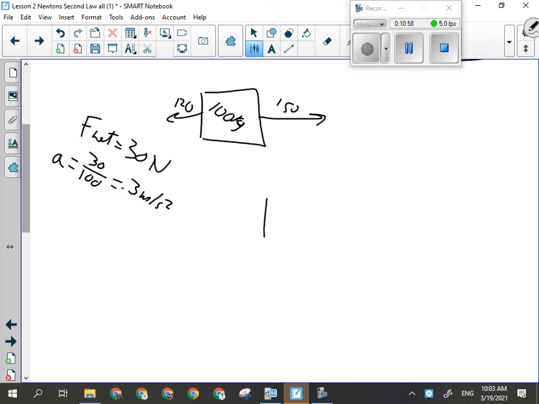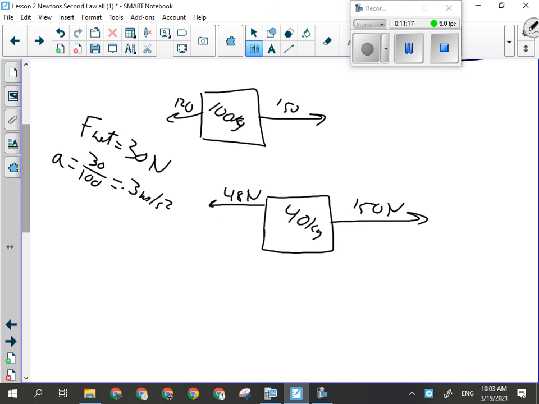Let's have a look at how we calculate the tension in cable B. We can use either box at this point. I'm going to use the 40 kilogram box just because I have more information about it. I've got 150 newtons acting forwards on the 40 kilogram box, 48 newtons worth of friction, and I have the rope, cable B, that's what I'm looking for.